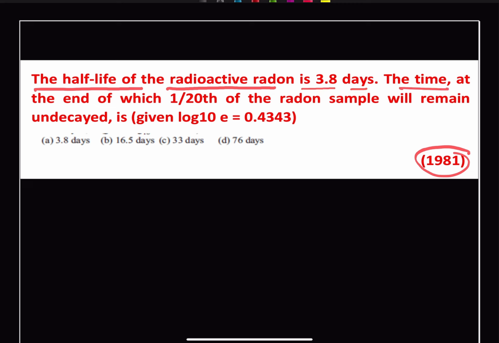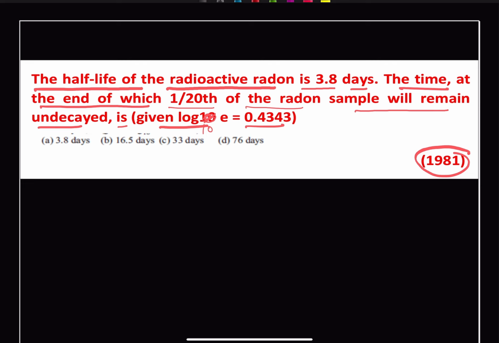The time at the end of which 1/20th of the radon sample will remain undecayed is given as log of 10 to the base e. It should actually be log of e to the base 10, so it has to be log to the base 10 and the value is e.